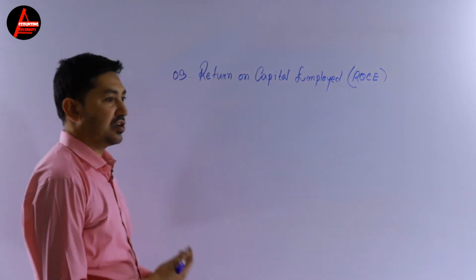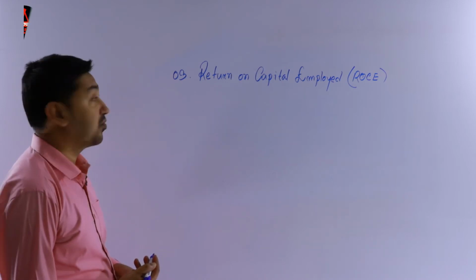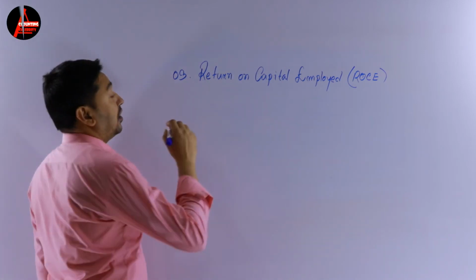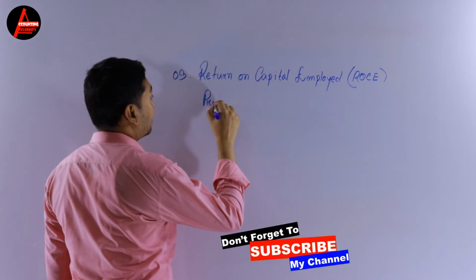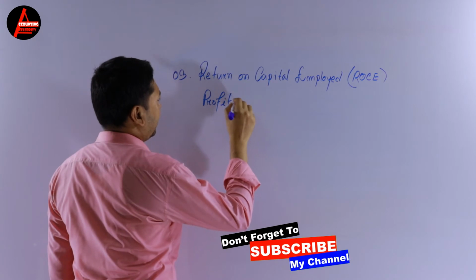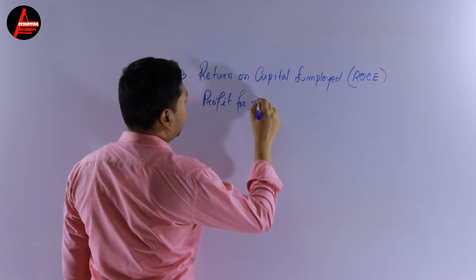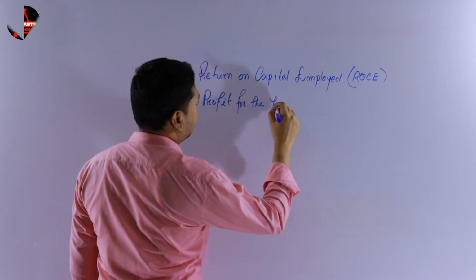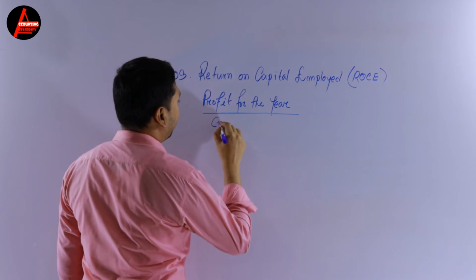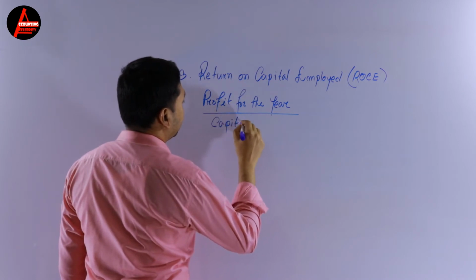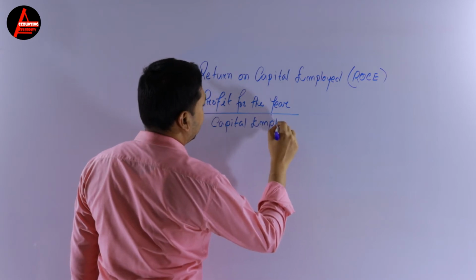So what is the formula for that? You need to write profit for the year or net profit, whatever you call it, divided by capital employed, times 100.